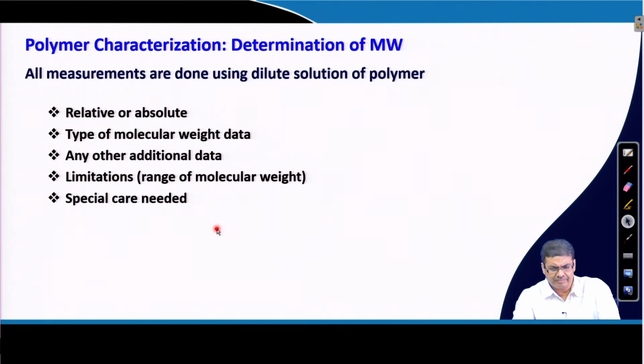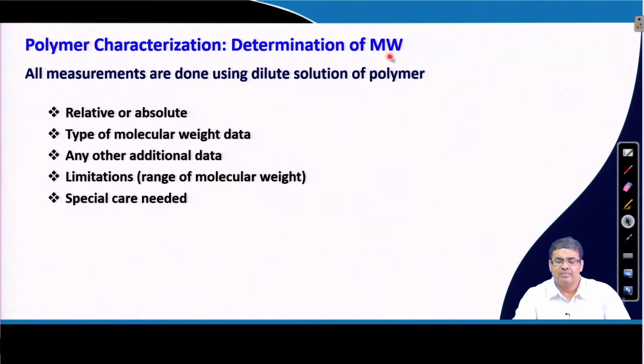Now, let us move to the molecular weight determination techniques for polymers, and as I mentioned earlier, almost all molecular weight determinations are done using dilute polymer solution, and that is why we were discussing and understanding the polymer behavior in dilute solution.